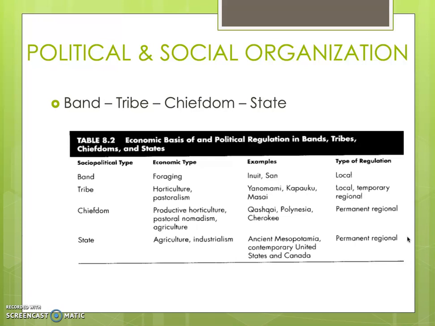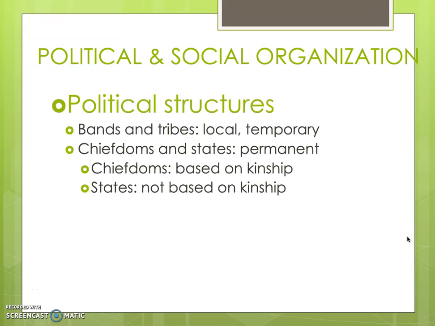So let's look at chiefdoms and states and see what they can tell us about where hierarchy and stratification, which is another word for social inequality, come into being. In terms of political structures, again, bands and tribes, local and temporary. At the chiefdom and state level, we start to see some permanency.